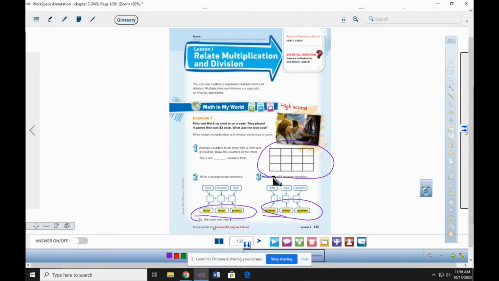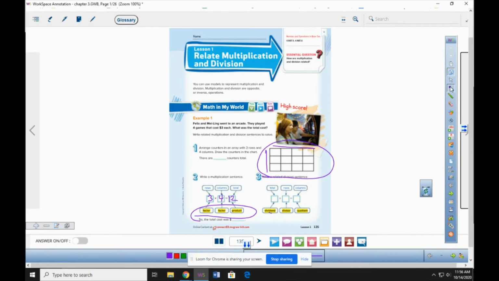In this case, they have set this up with 3 rows and 4 columns because we're multiplying 3 times 4. So that's our multiplication sentence. 3 times 4 equals 12. Now in the division sentence, I'm going to erase some of that so that we can write that in there.